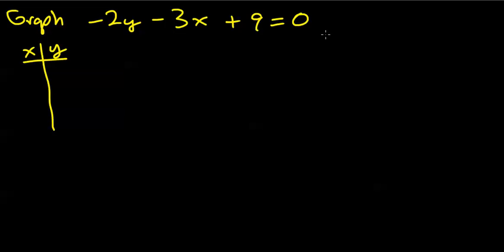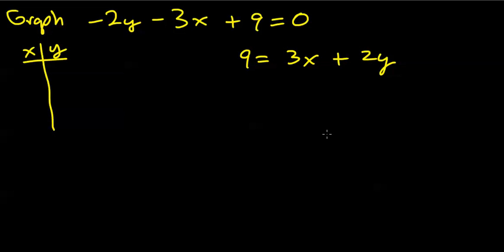What I'm going to do is transfer things around a little bit. If I add 3x to both sides and simultaneously add 2y to both sides, I get this resulting equivalent equation. 9 equals 3x plus 2y, and this is in standard form.